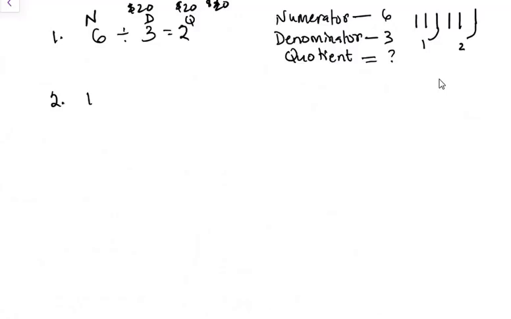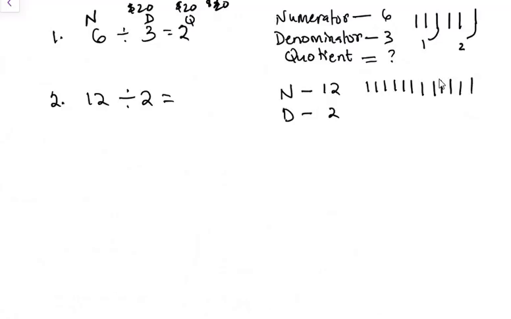So we're going to go through more examples to help reinforce the concept. So we have 12 divided by 2. What will it give us? Before we start getting into that, we want to identify what will be the numerator. That is 12, and our denominator will be 2. What will be the quotient? We want to break it down. 1, 2, 3, 4, 5, 6, 7, 8, 9, 10, 11, 12.